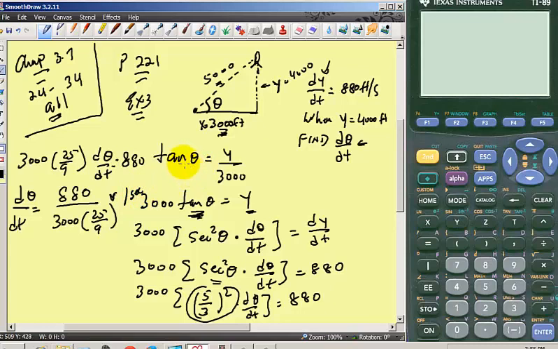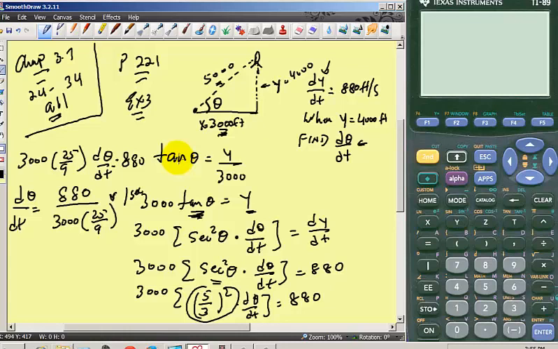But the question is, how fast is the camera elevation angle changing at that instant?